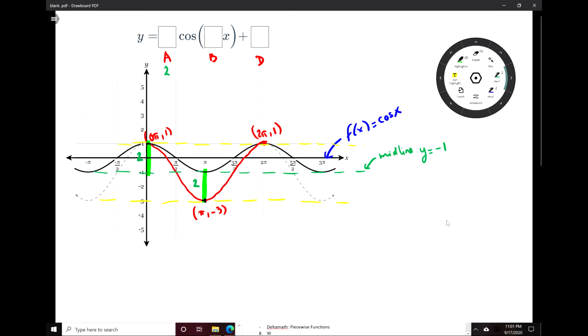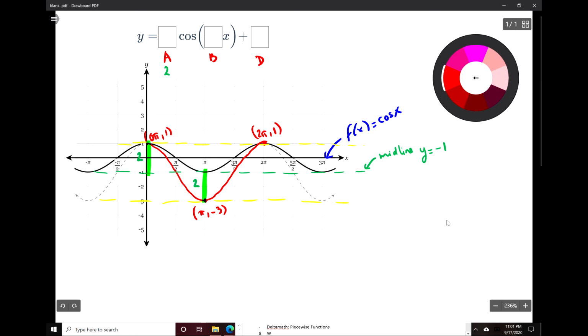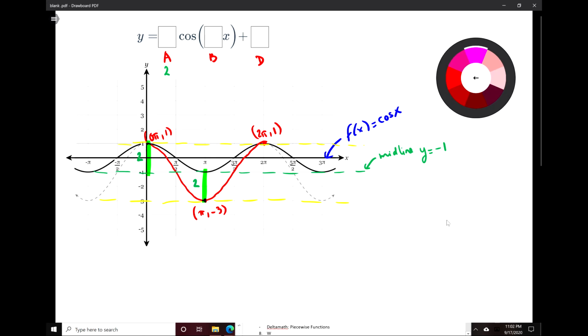Next we have cosine and then blank x, so that means we need to figure out b. And remember, the period equals 2 pi divided by b.